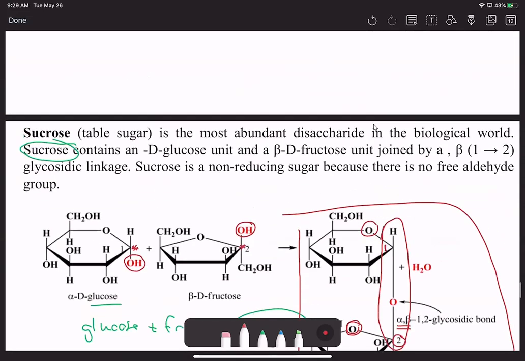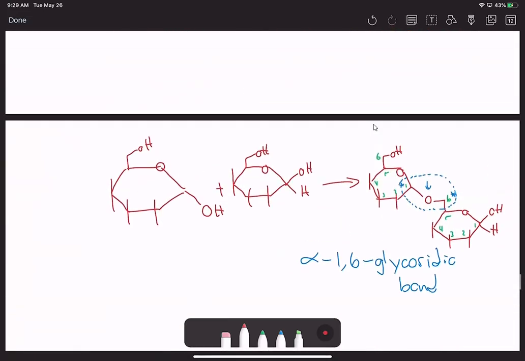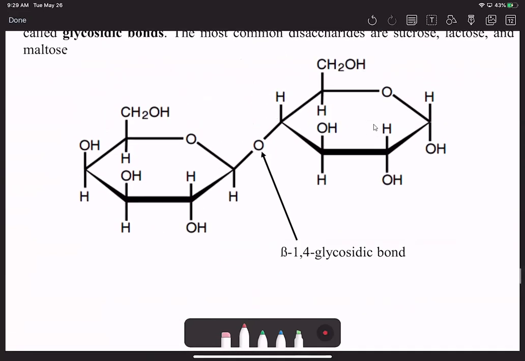So much different than a structure like this, where here's carbon number 1, and that's my anomer. Again, carbon number 1, and there's my other anomer, but this anomer is not involved in this bond.